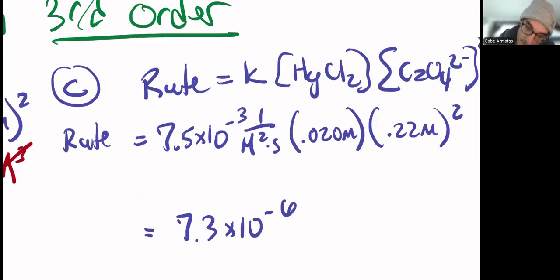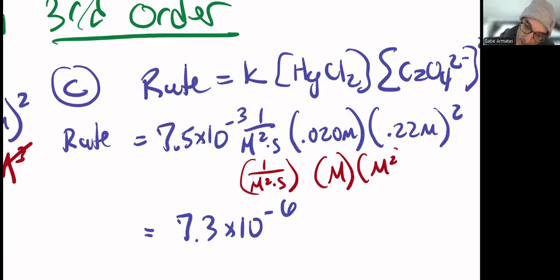Let's deal with units. I have 1 over molarity squared seconds times molarity squared. So molarity squared cancels, and what we should be left with is molarity on the top, seconds on the bottom, molarity per second, which makes sense.